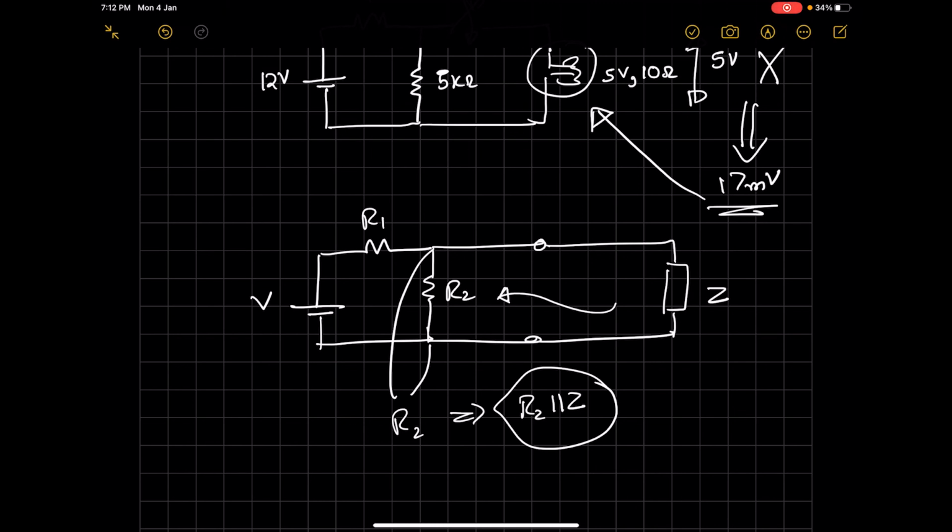In my further videos, I'll try to show how to use the voltage divider network as a power supply, of course by using extra circuitry.